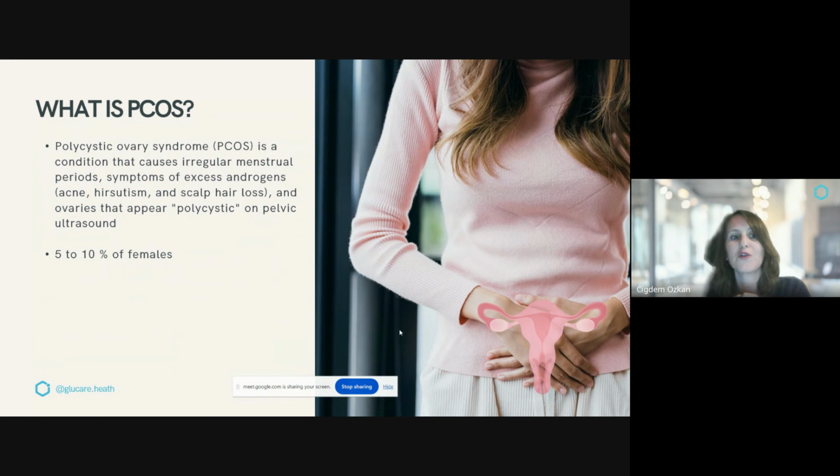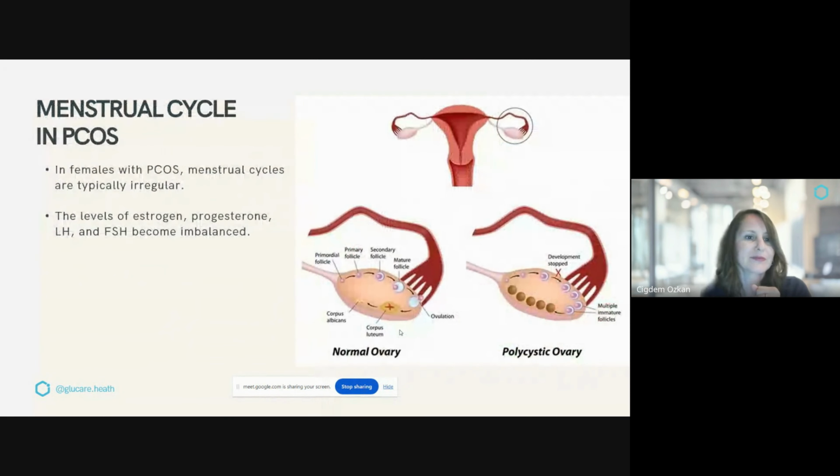Also, ovaries appear polycystic on pelvic ultrasound. It's a very common condition. It affects 5 to 10% of females in the general population. The main problems with PCOS are actually metabolic problems and menstrual problems.